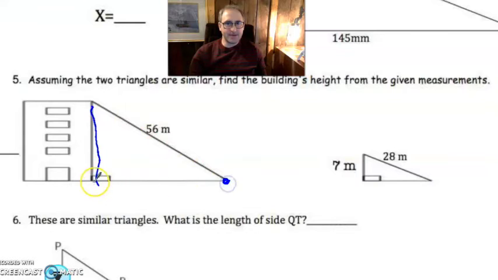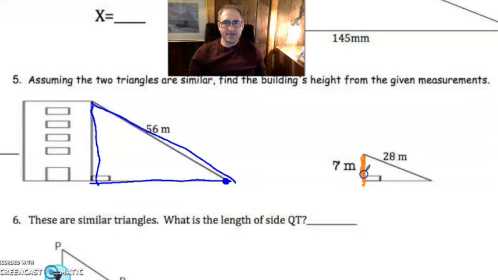Maybe this is a fire hydrant over here. So the building to the fire hydrant, or sometimes in an ACT question a building casts a shadow. And then on this other triangle, let's go orange.